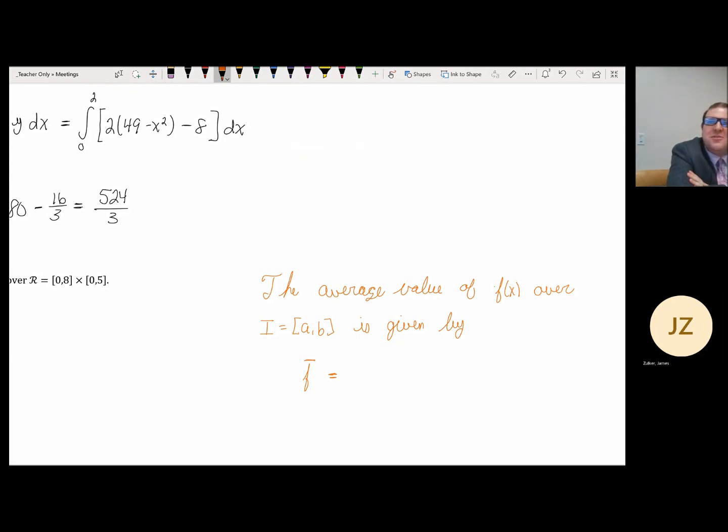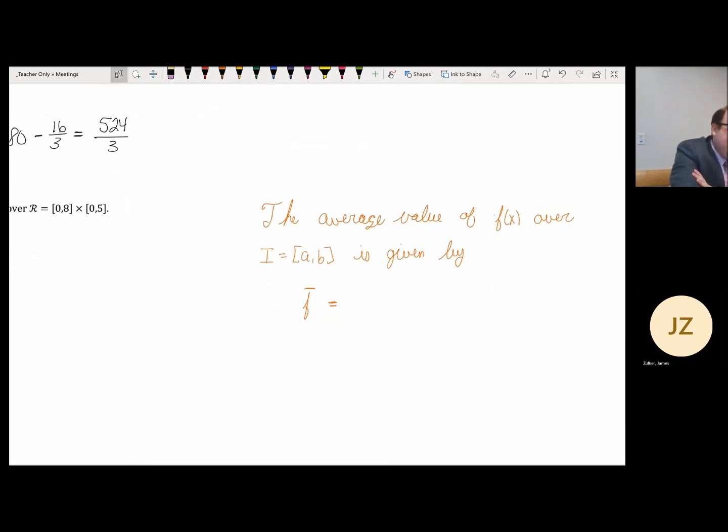This was covered in Calc 2. Of course, assuming that f of x is continuous over the interval.